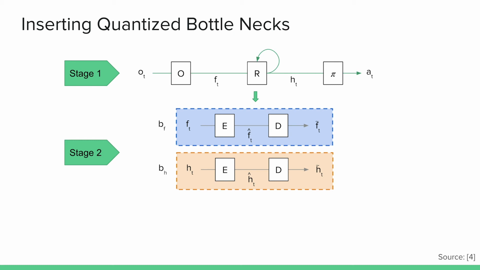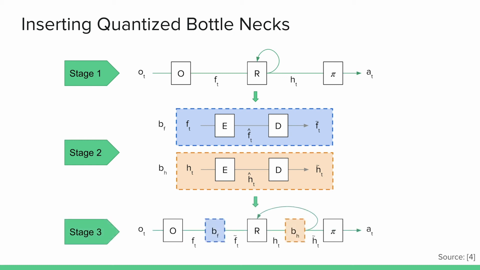So we use these 2 autoencoders instead of ft and ht, and then we just insert them here, and we take those ft hat and ht hat, those simple representations, those bottlenecks from the autoencoder, and interpret them and try to work with them.